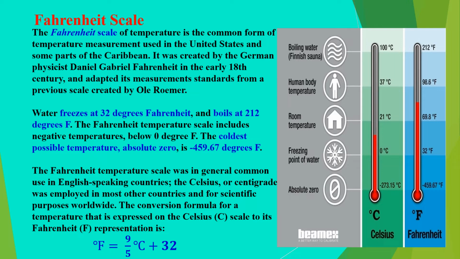The conversion formula for a temperature that is expressed on the Celsius scale to its Fahrenheit representation is degrees Fahrenheit equals 9/5 times degrees Celsius plus 32.